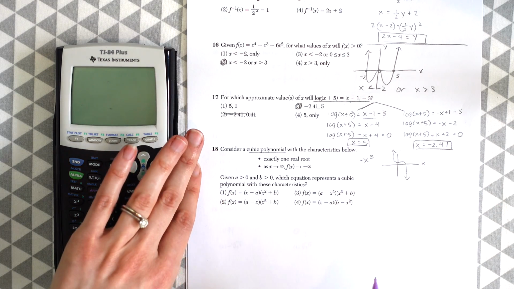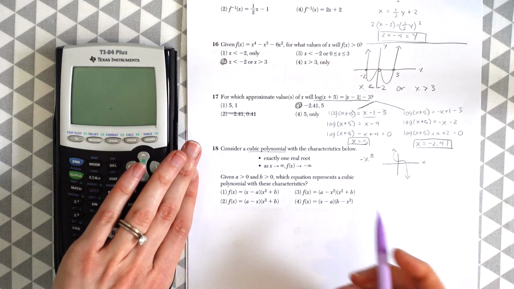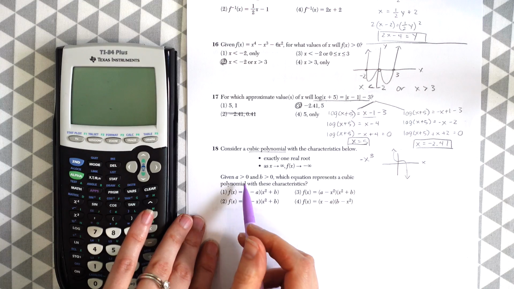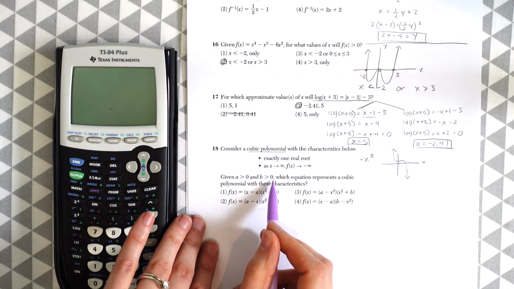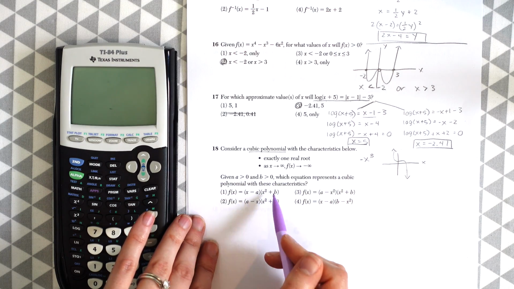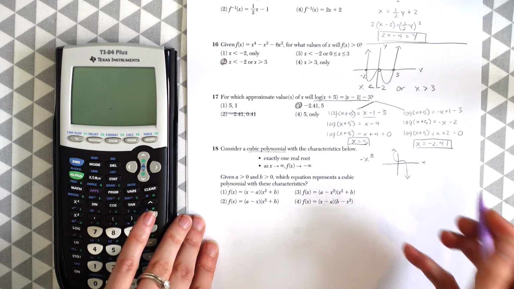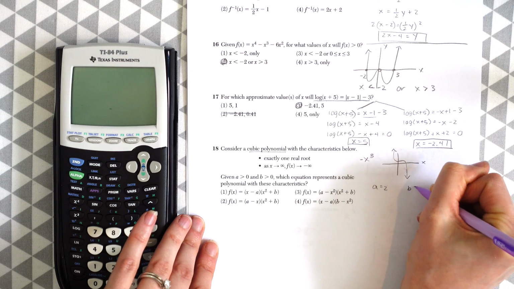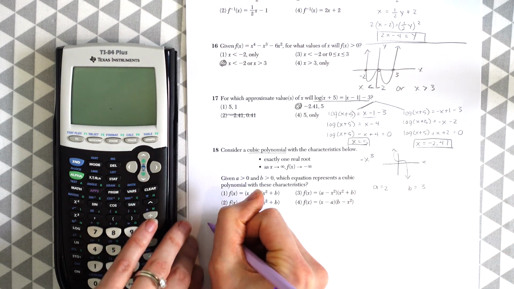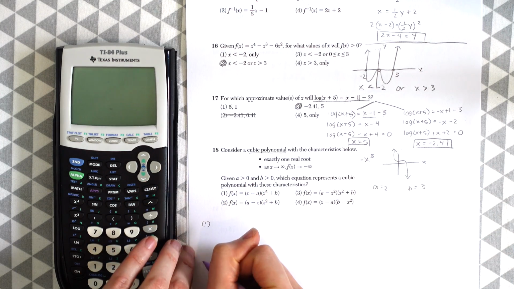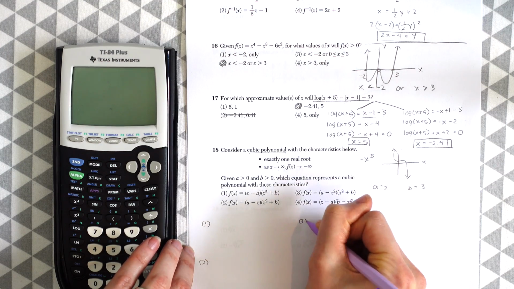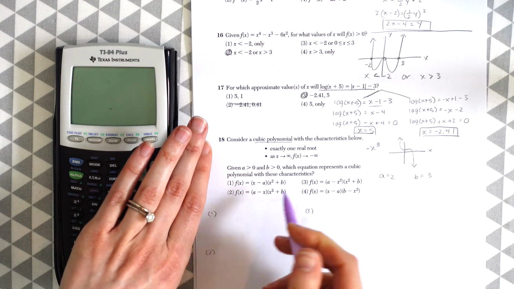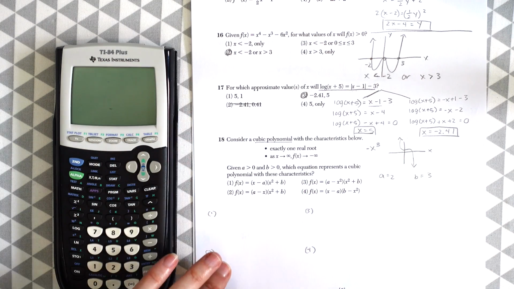So something to keep in mind, if you don't know that, that's okay. We're also going to be plugging in numbers and seeing what makes sense. So given a is greater than 0 and b is greater than 0, which equation represents a cubic polynomial with these characteristics? So I'm going to be plugging in numbers. Let's put in 2 for a and 3 for b. So I'm just going to rewrite each function with the parameters and see which one lines up with both of them. So this is going to take a little bit.